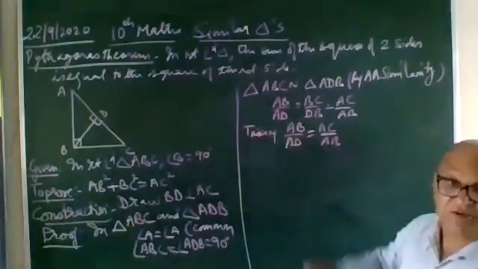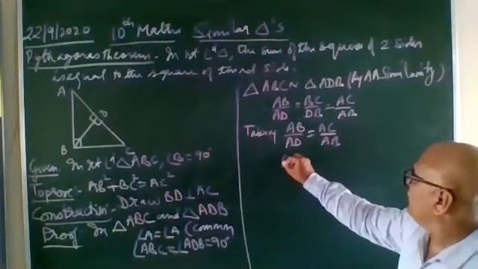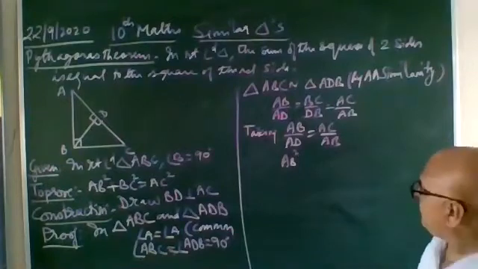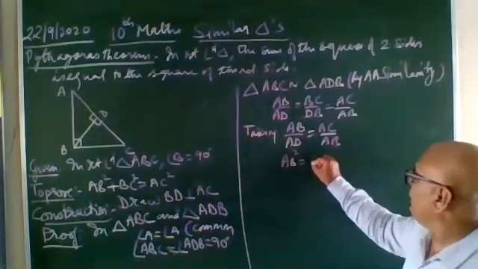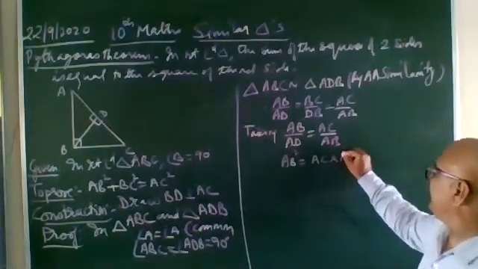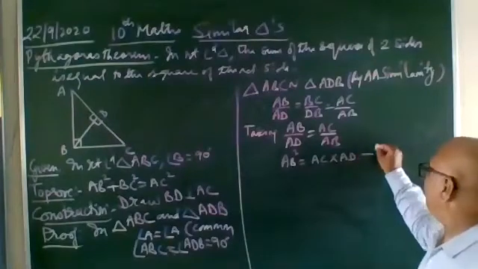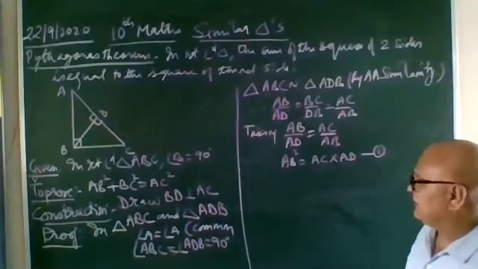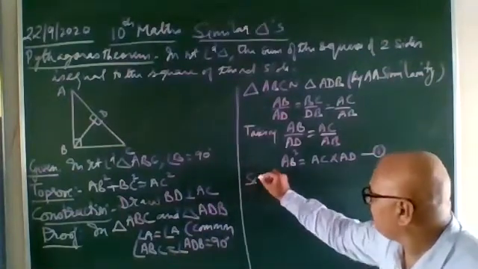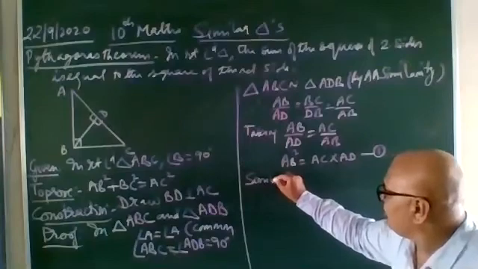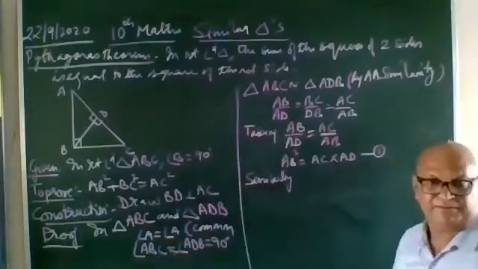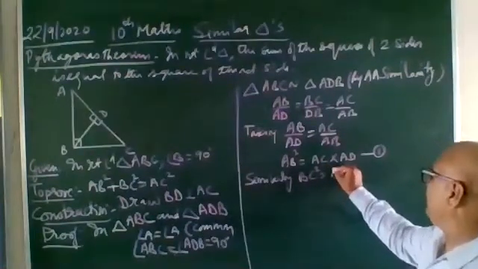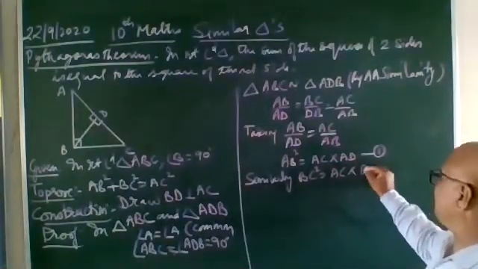Now AB into AB, AB square equal to AC into AD. First equation. Similarly, you will write directly similarly, BC square equal to AC into DC.